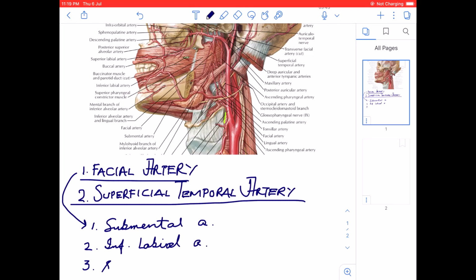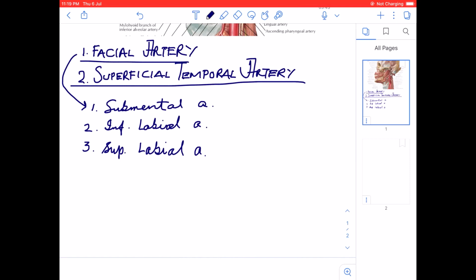Number 3, the superior labial artery. Number 4, the angular artery. Number 5, the lateral nasal artery.